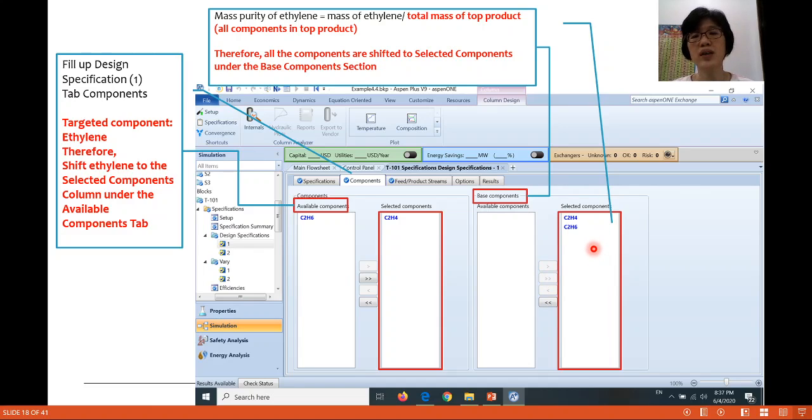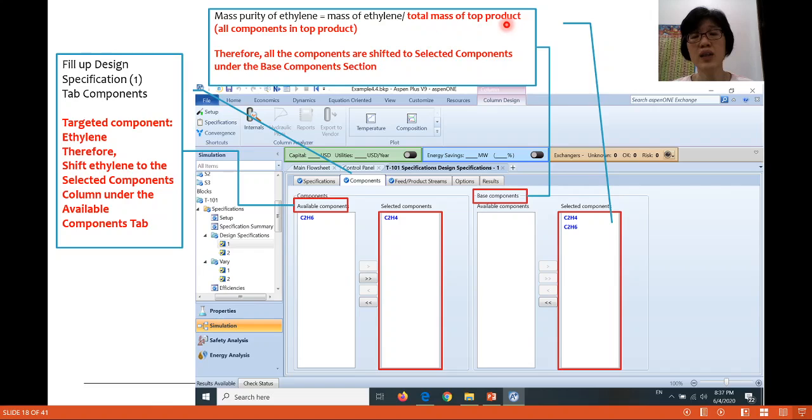Why all the components? Because based on the equation of mass purity of ethylene, if you refer to the equation here, it equals the mass of ethylene over the total mass of the top product. Meaning the section on your left is actually for the targeted component, the component ethylene here, and the section on your right is to include the basis.